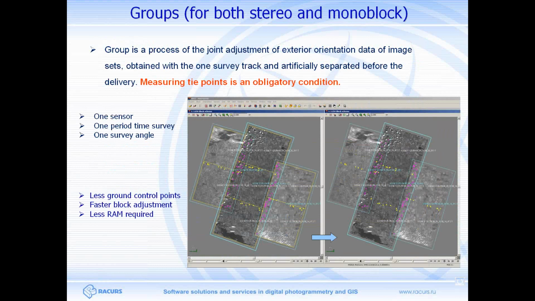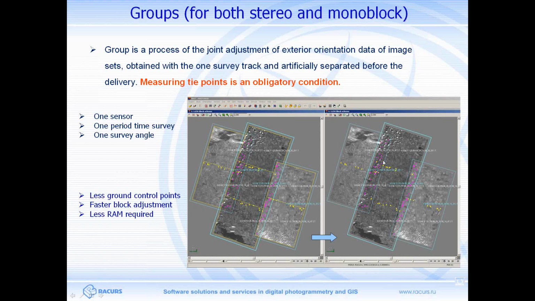Groups are a kind of combination, because sometimes operators of the scanner imagery systems provide images divided artificially into parts, into fragments. So we can see that this is one orbit, this is another orbit or track, this is a third one, but the customer got these pieces of the total cover of the surface. In this case, PHOTOMOD can be used for grouping the images.